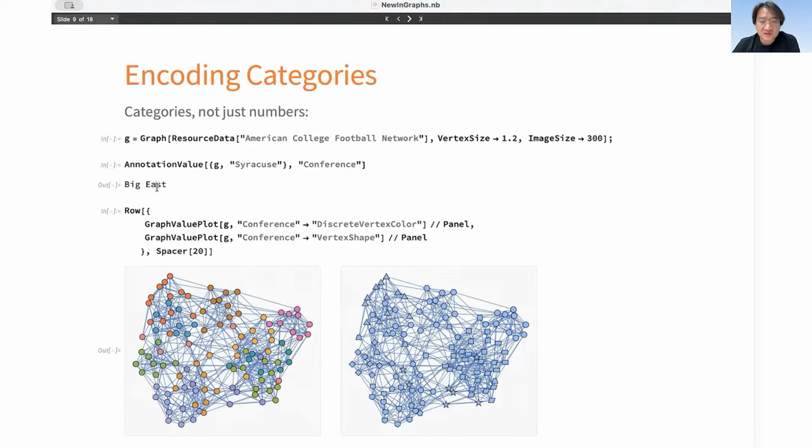Notice that the value is a string, the component's name, and this is not a number. So I pass the property straight in to the graph value plot.